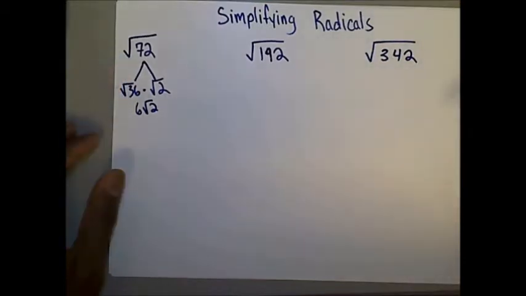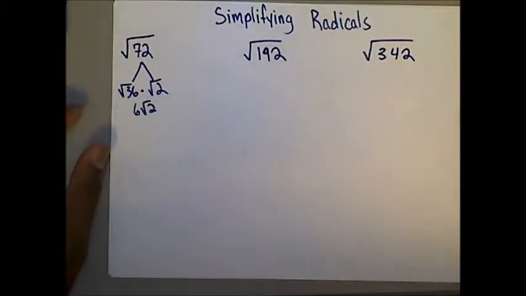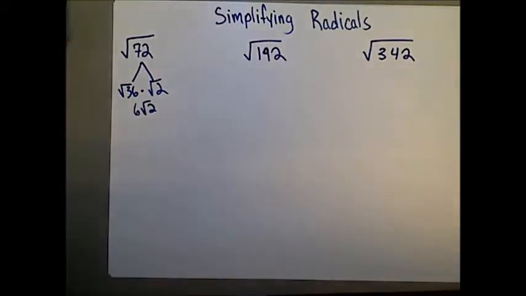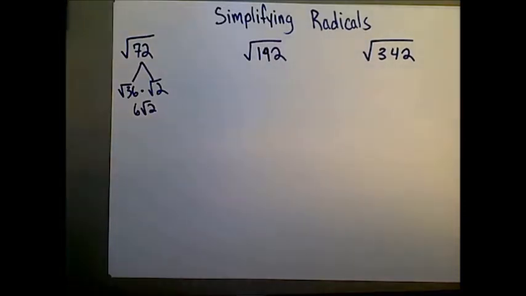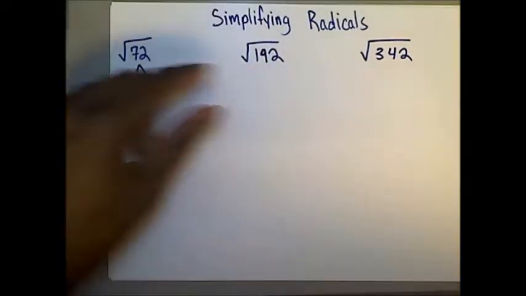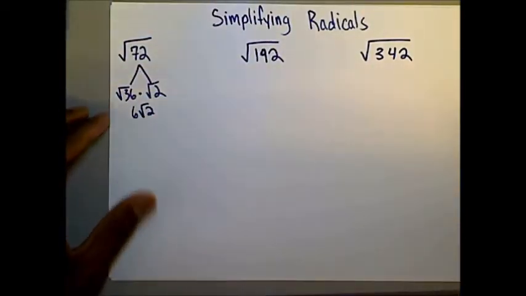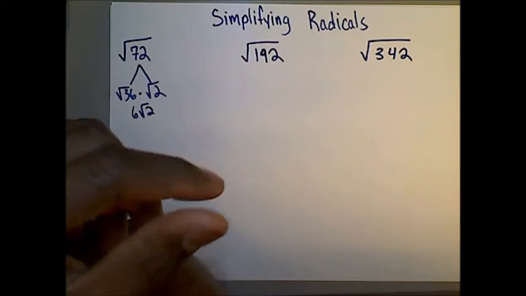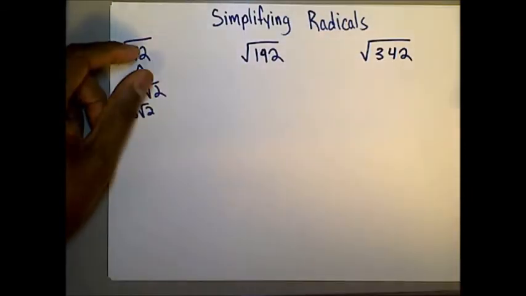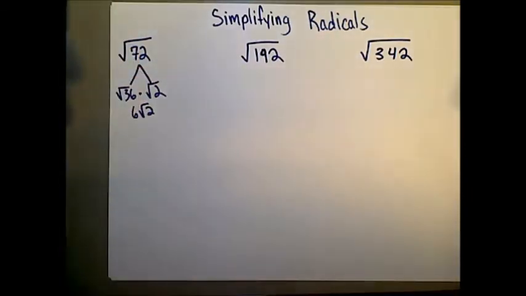So next, the square root of 192. So this one, once again, you need to know your perfect squares, otherwise you do a bunch of guesswork. And not that there's anything wrong with that, but it saves you a little bit of time if you know your perfect squares. So 192, the highest perfect square that goes into it is 64.